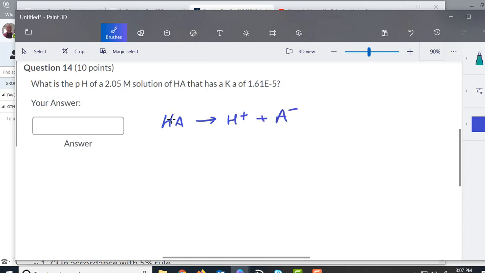But if it's going to split up into solution, it'll be HA gives H plus A minus. We can set up a table here. Initial molarity 2.05, 0 and 0.